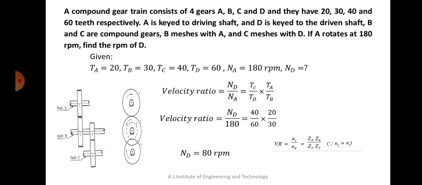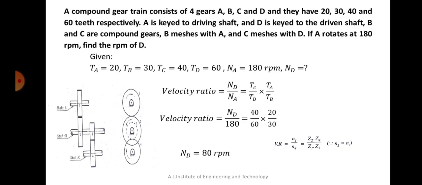So if you just go through the formula what we got in the case of compound gears, that is ND by NA is equal to TC into TA divided by TD into TB.